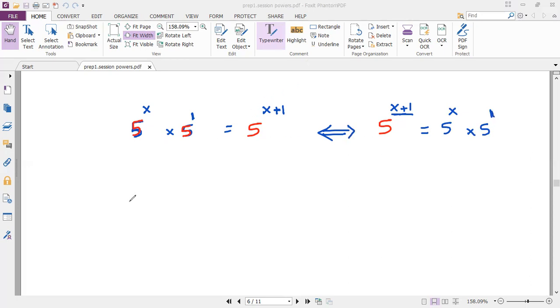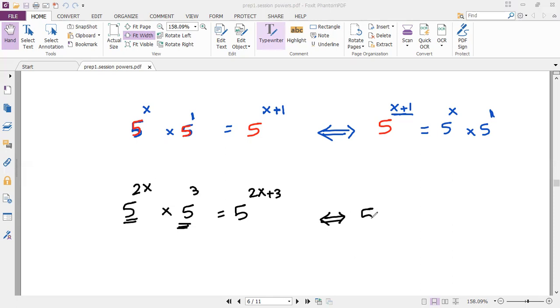If you have 5, let's say, raised to the power of 2x multiplied by 5 to the power of 3, they are like bases. When multiplying like bases, we will write the base as it is and add powers. It will be 2x plus 3.